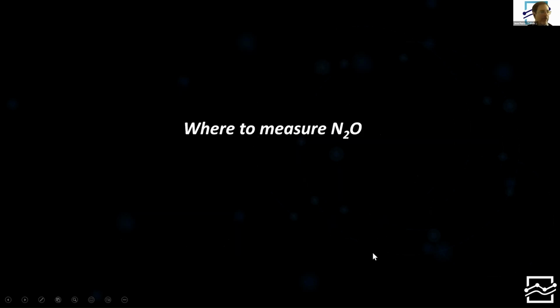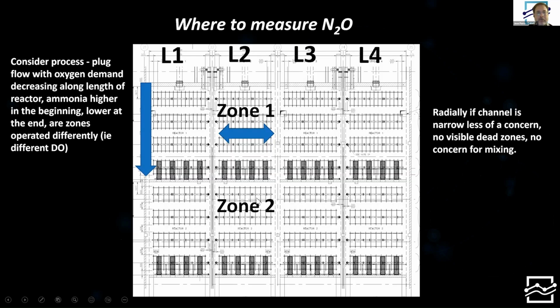So in terms of where to measure N2O, this is where process knowledge becomes important, because if you don't have process knowledge, then you're not going to be able to understand where you can be measuring N2O.